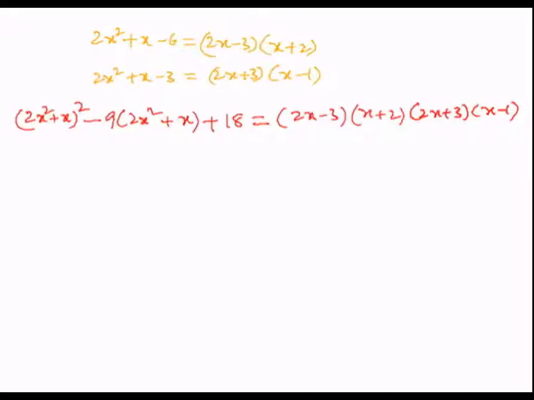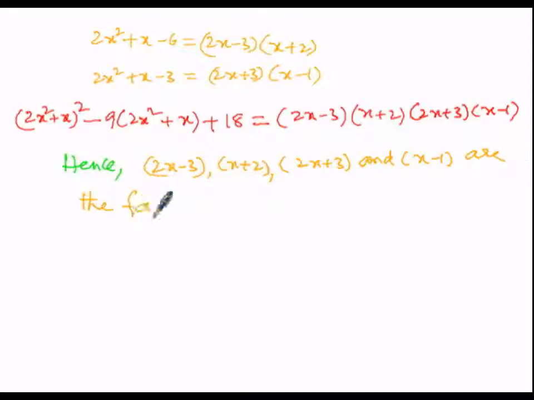Hence 2x minus 3, x plus 2, 2x plus 3 and x minus 1 are the factors of 2x square plus x whole square minus 9 into 2x square plus x plus 18.